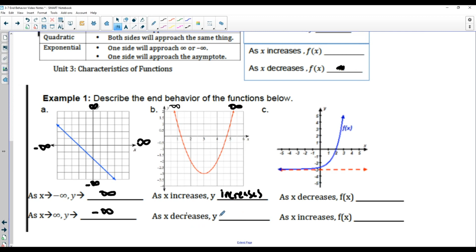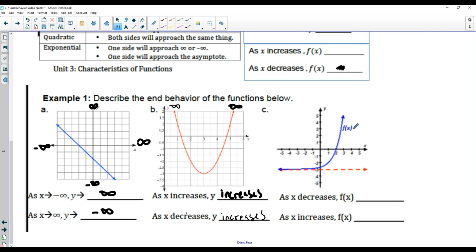So as x decreases, y also increases. No matter what x is doing, this y value is going up. The other way I would have asked that is: as x approaches negative infinity, y approaches positive infinity. As x approaches positive infinity, y also approaches positive infinity. So make sure you're thinking about what's happening at the arrows, what's happening to the y values on either extreme of this function.